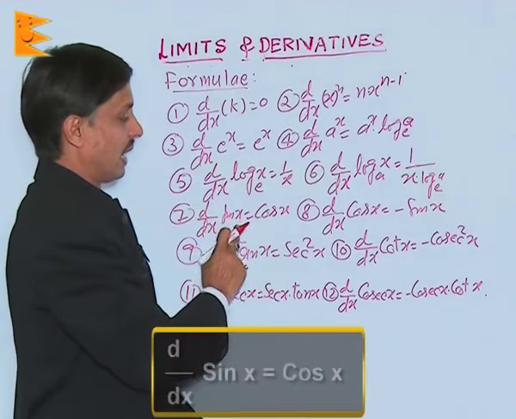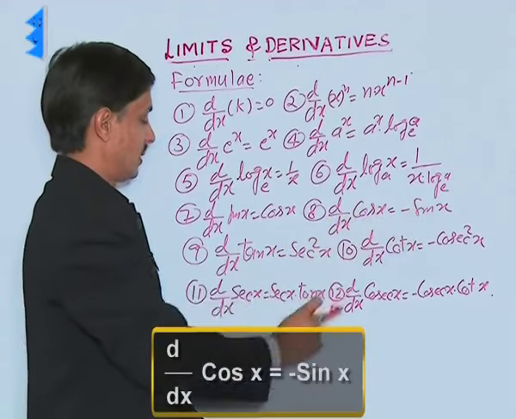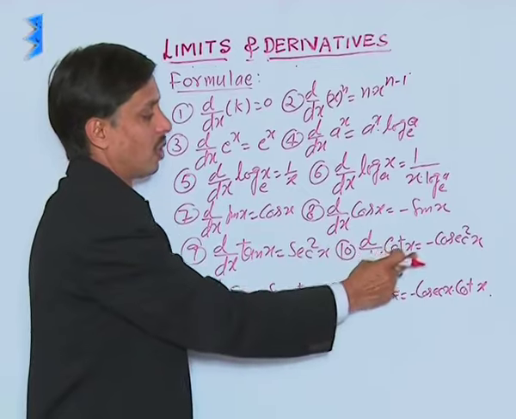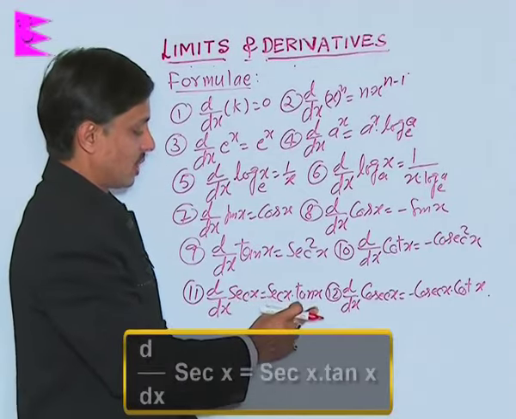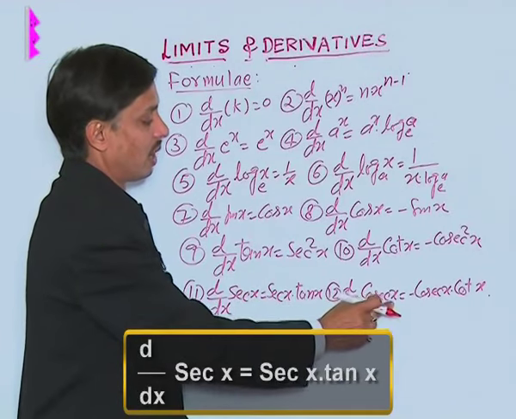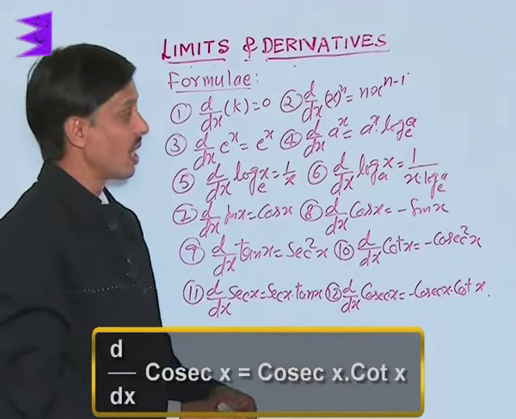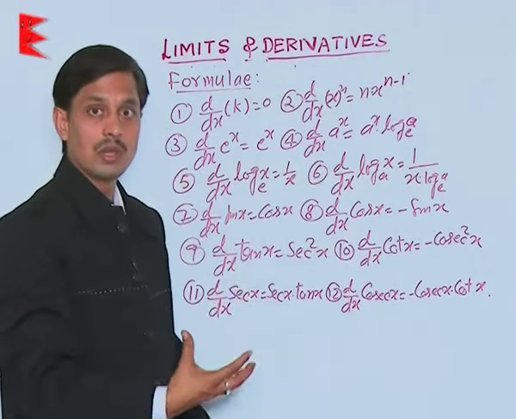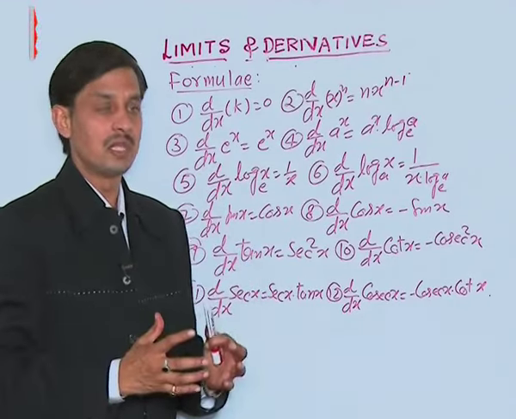The derivative of sin x is cos x, and the derivative of cos x is minus sin x. The derivative of tan x is sec square x, and the derivative of cot x is minus cosec square x. The derivative of sec x is sec x into tan x, and the derivative of cosec x is minus cosec x into cot x.